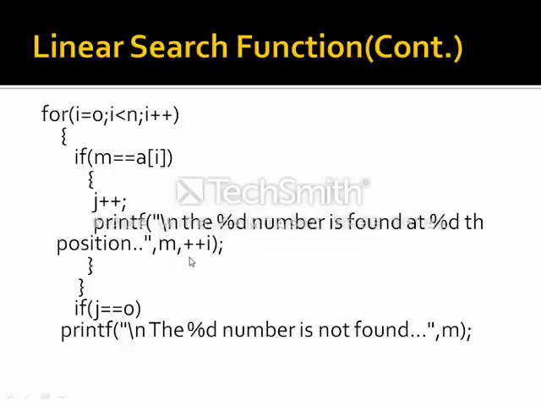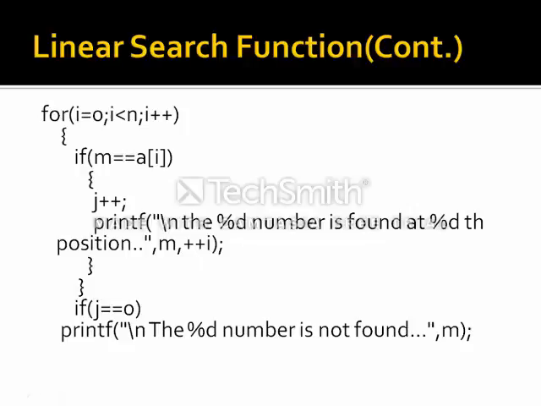Now why do I use that plus plus i over here? Because our array starts with 0, but for the user the number is at location 1. That is, if the element in an array that has been found is at location 0, for the user it will be at location 1. Hence I have done it as plus plus i.